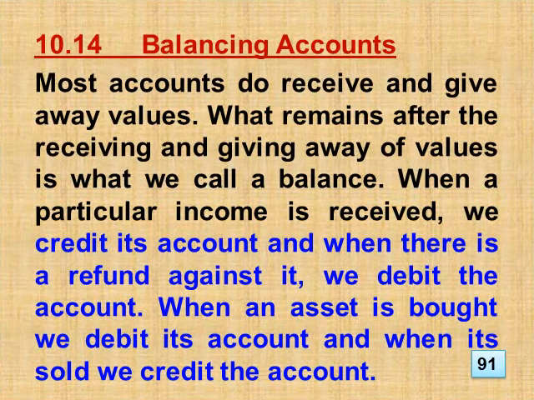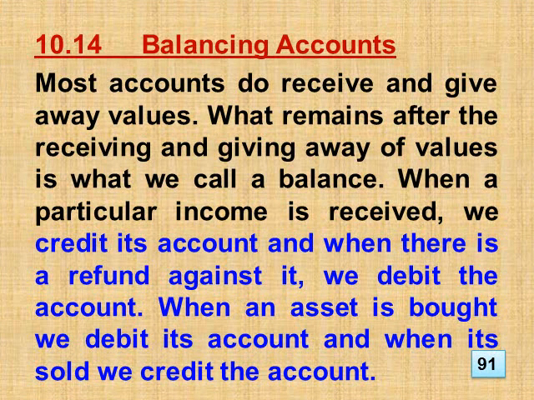Section 10.14. Balancing accounts. Most accounts do receive and give away values. What remains after the receiving and giving away of values is what we call a balance. When a particular income is received, we credit its account, and when there is a refund against it, we debit the account. When an asset is bought, we debit its account, and when it's sold, we credit the account.